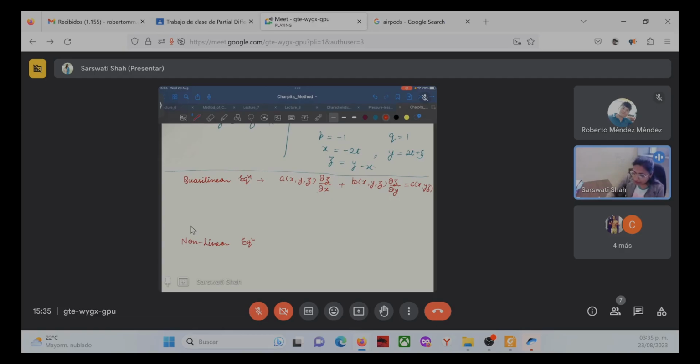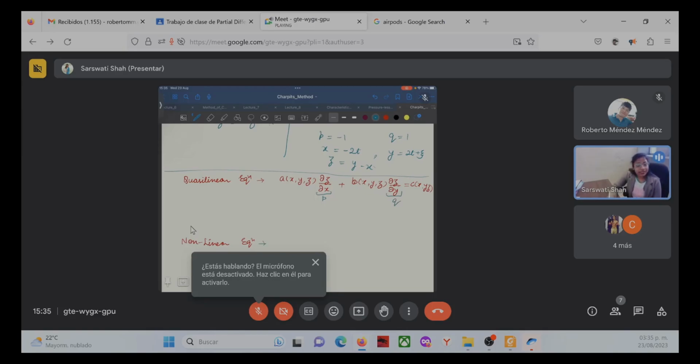So here we are expressing this del z over del x as P and this del z over del y as Q. However, the non-linear equation is non-linear in P and Q, so it will not be in this form.